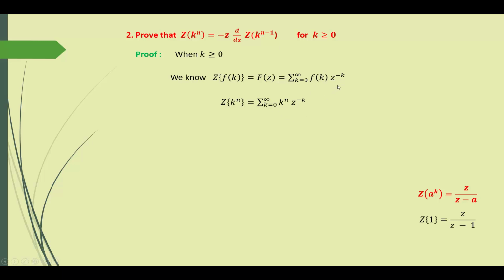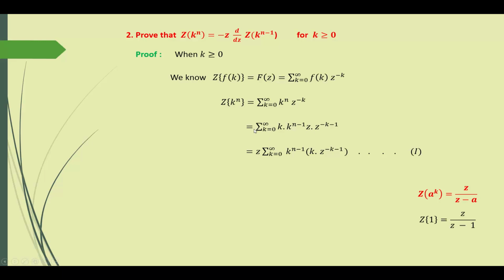k^n into z^(-k) equals, we get k^n as k into k^(n-1). Write down k^n as k^1 and k^(n-1). Also write down z^(-k) as z into z^(-k-1) in this way. Equals, we get this z out of this sigma, because the variable term is k, which varies from 0 to infinity, so z is a constant.